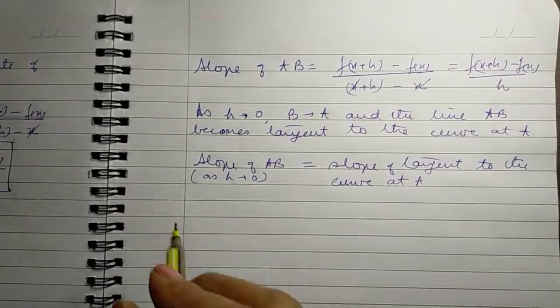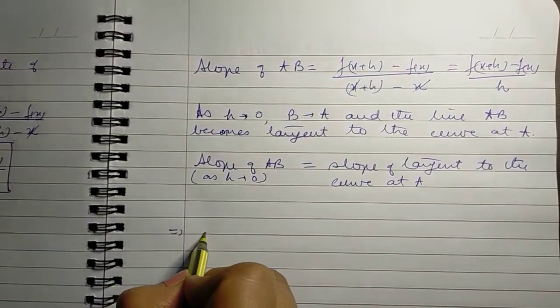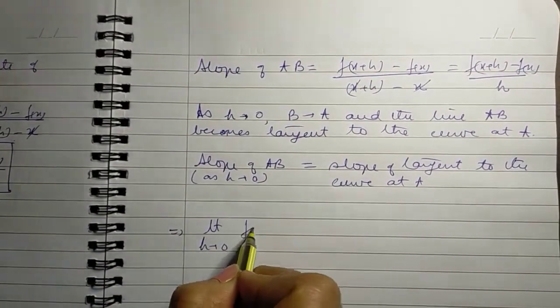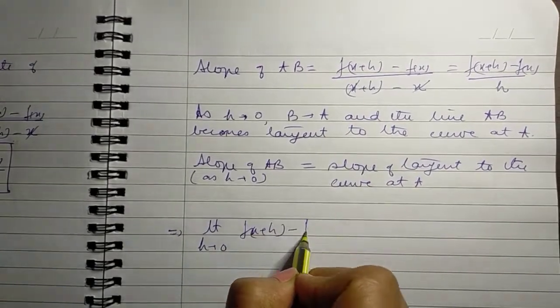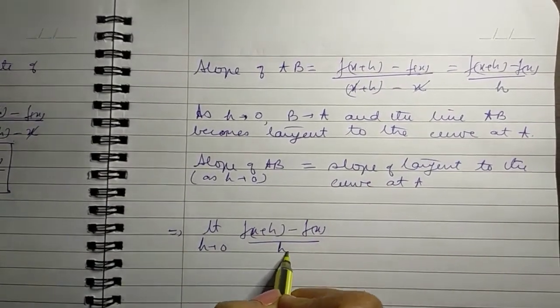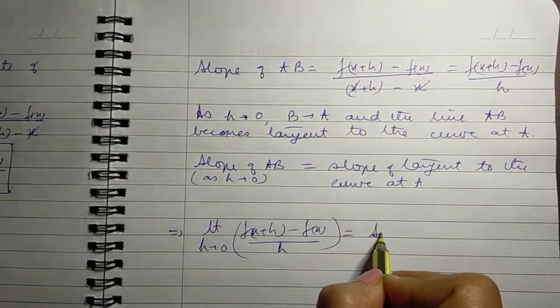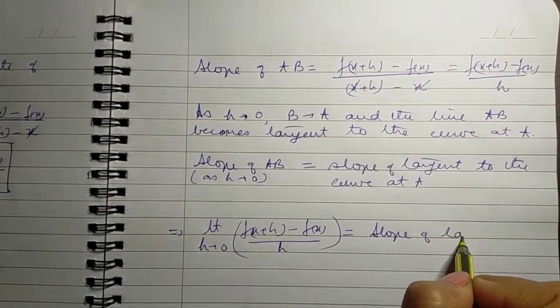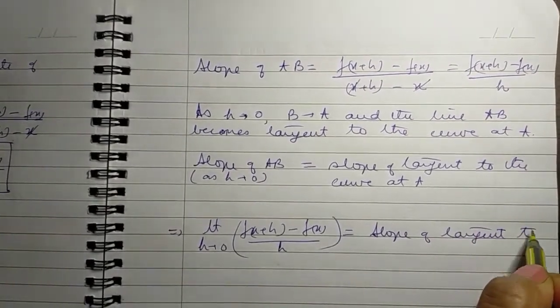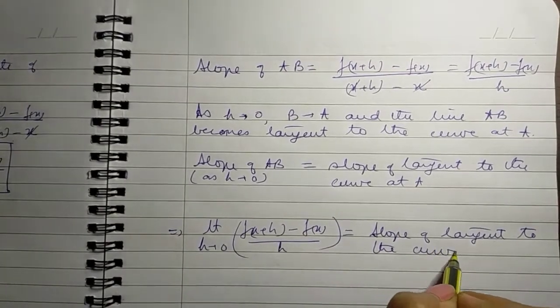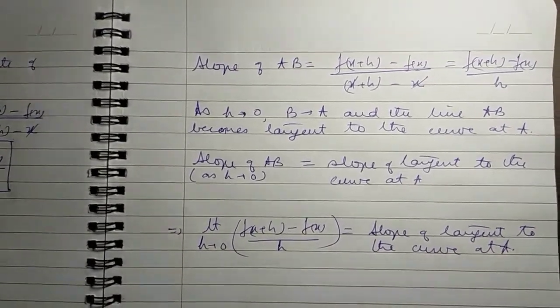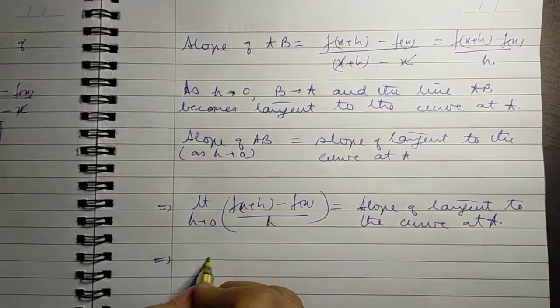So it implies that limit h tending to 0 of f(x plus h) minus f(x) over h gives us the slope of the tangent to the curve at A. But this is nothing but the derivative.